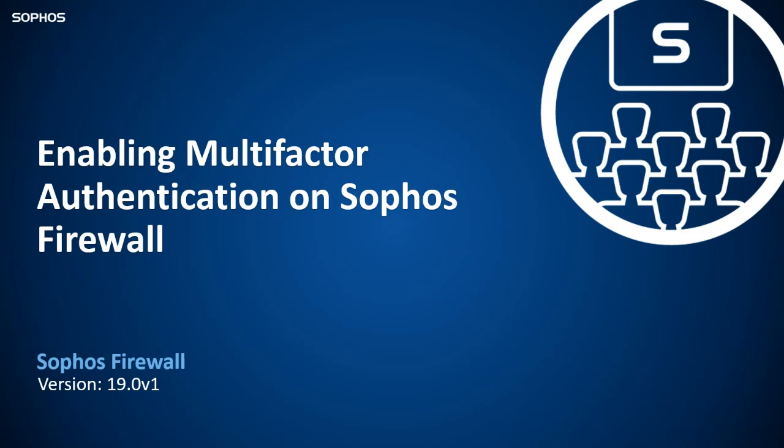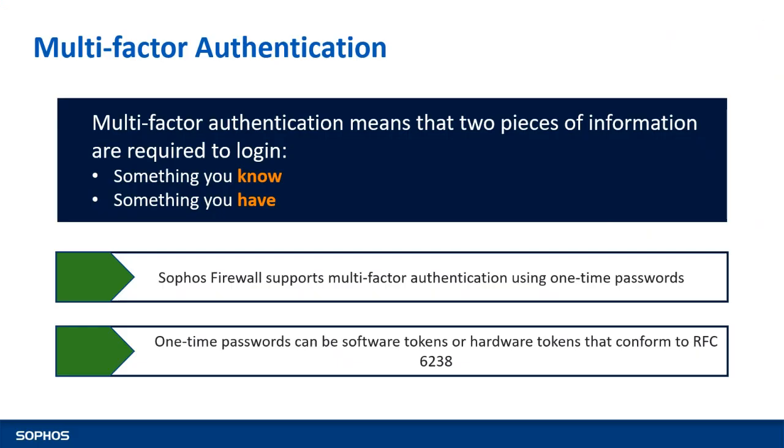Okay, enabling the multi-factor authenticator. The multi-factor authenticator means that two pieces of information are required to log in: something you know, your password, and something you have, your token. So the firewall supports the multi-factor authenticator using one-time password.